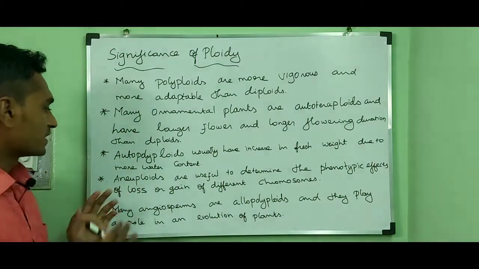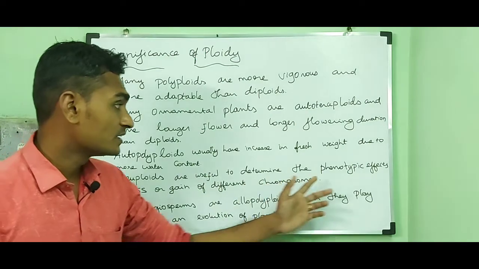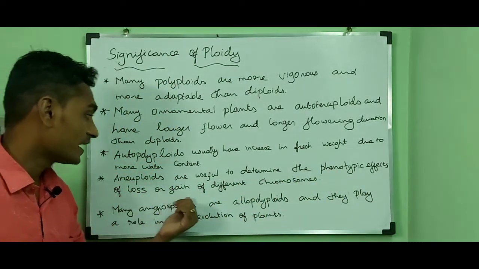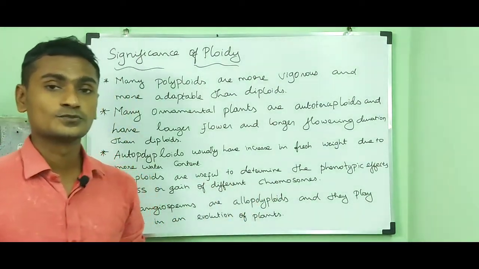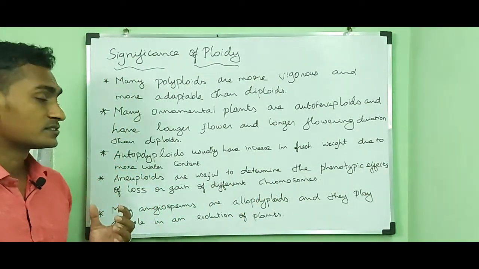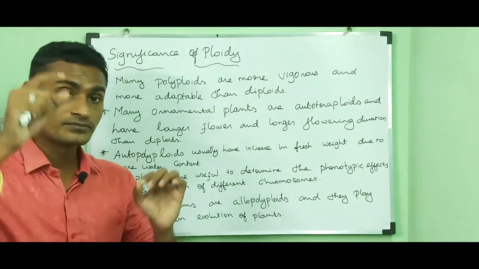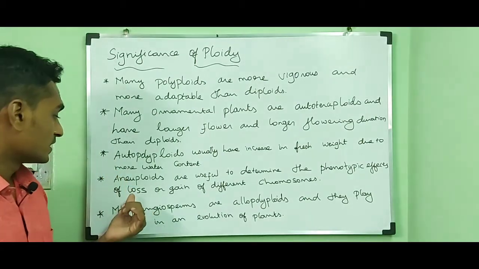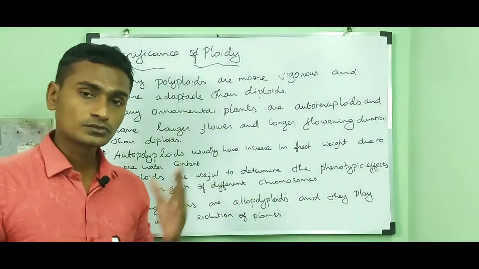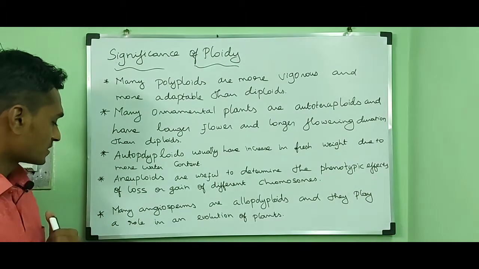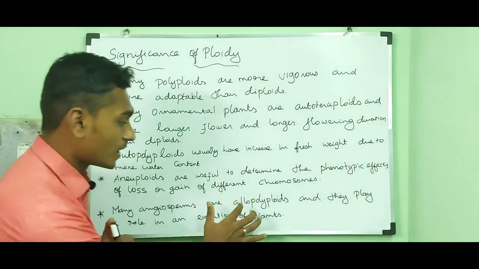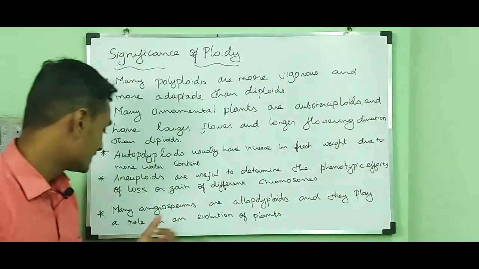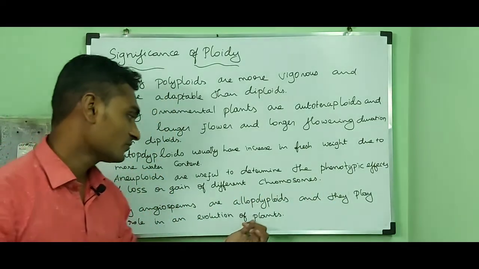Then aneuploids are useful to determine the phenotypic effects of loss or gain of different chromosomes on an organism. The last point is that many angiosperms are allopolyploids, and they play a role in the evolution of plants.